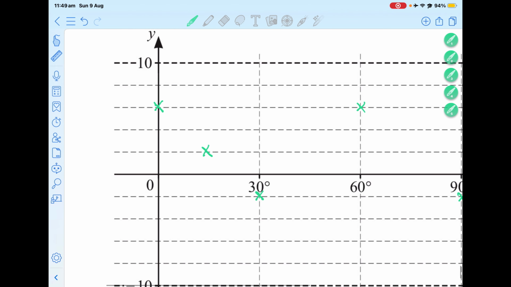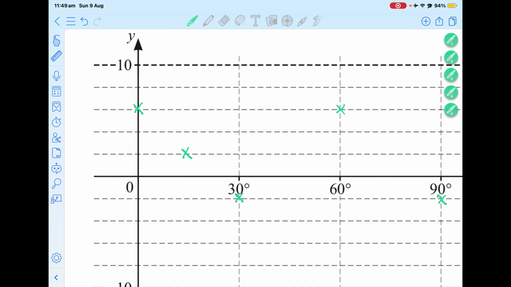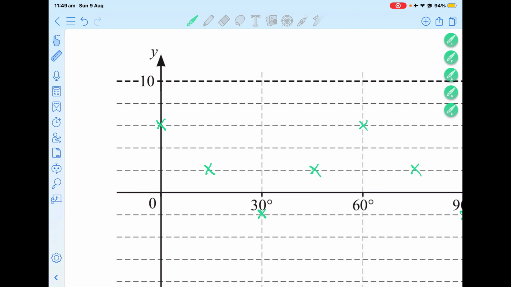At 45 we have 2. At 75 we have this, and at 105 we have this. So why should I put in every 5 degrees? At 10 degrees it will literally be at 4. At 20 we are at 0.